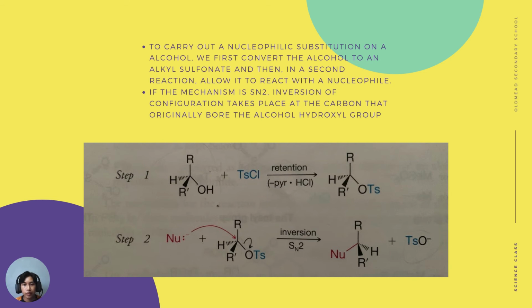As you can see here in step 1, an alcohol will react with TsCl, or para-toluene sulfonyl chloride, and produce a tosylate. In step 2, the nucleophile attacks the tosylate and produces a new product, and the tosylate will depart because it is a good leaving group.